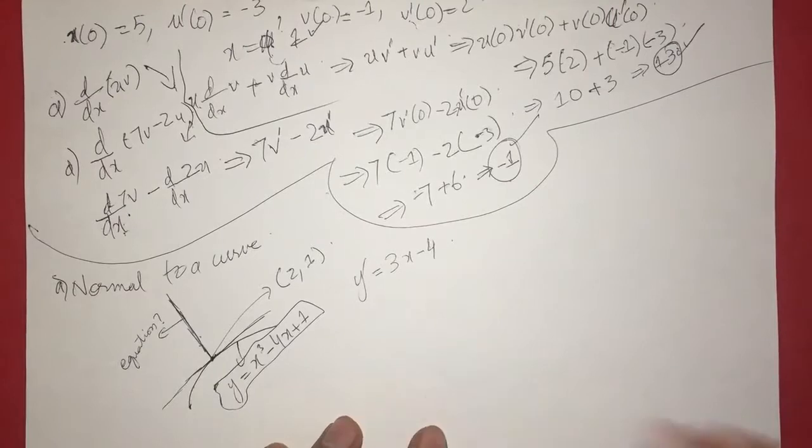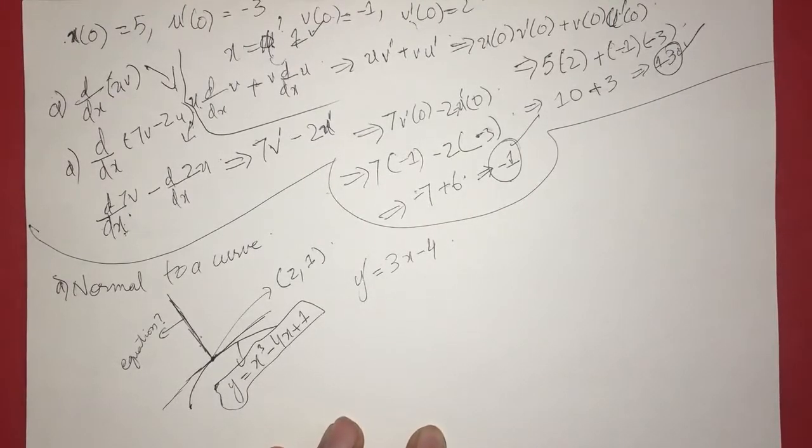Now what they want us to do is find the equation of the tangent at the point 2, 1. So x is 2 and y is 1.